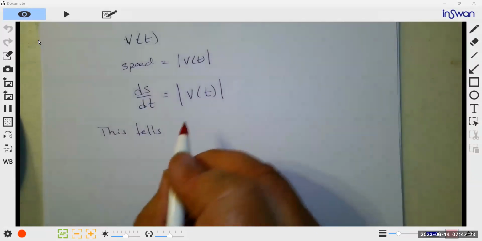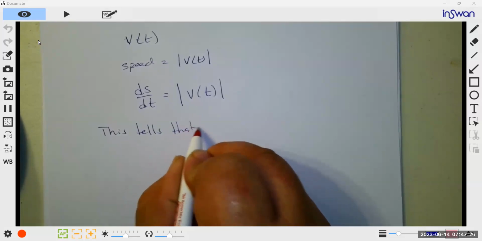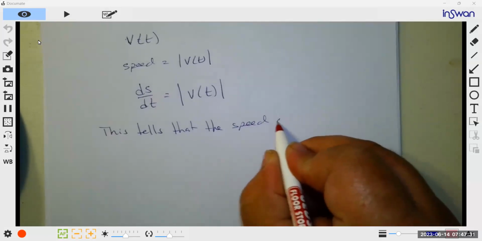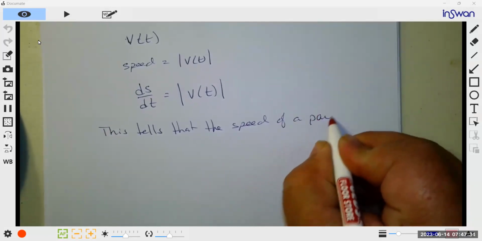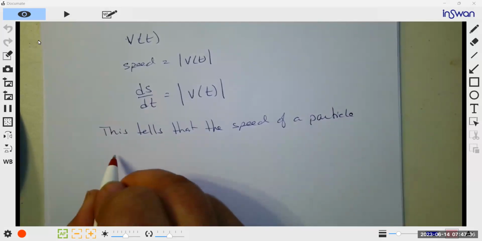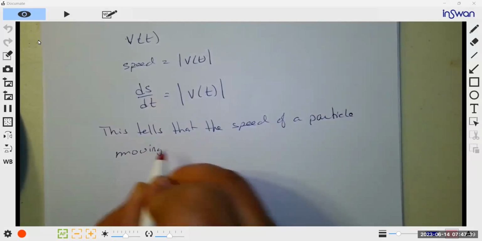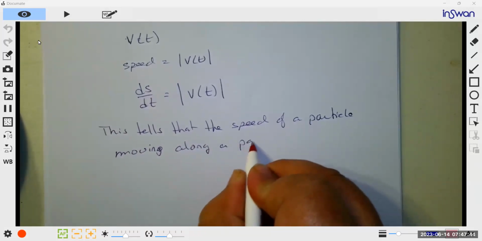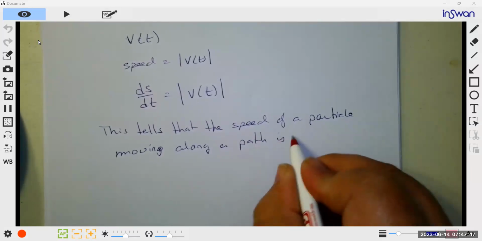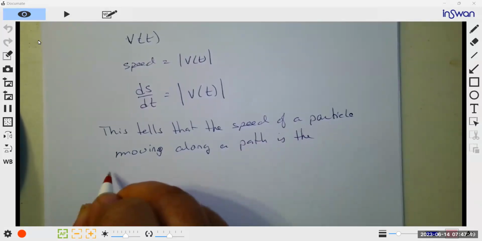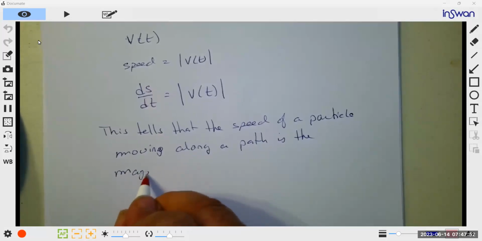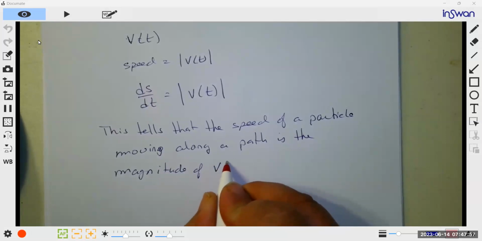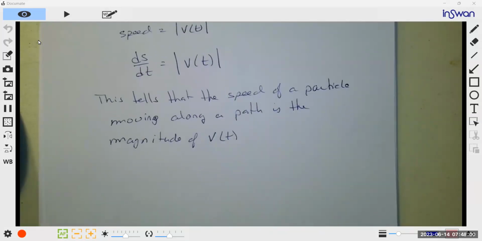This tells us that the speed of a particle moving along a path is the magnitude of v along t.